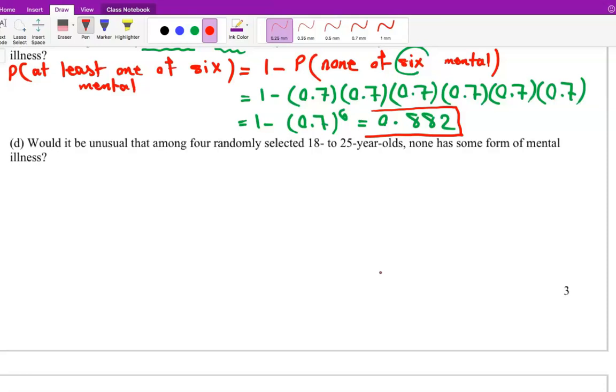Part D, would it be unusual that among 4 randomly selected, none has some form of mental illness? So we have 4 and here is none.